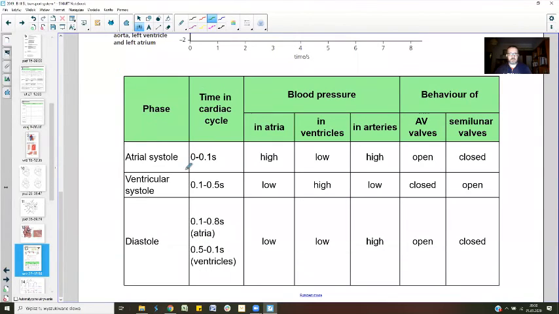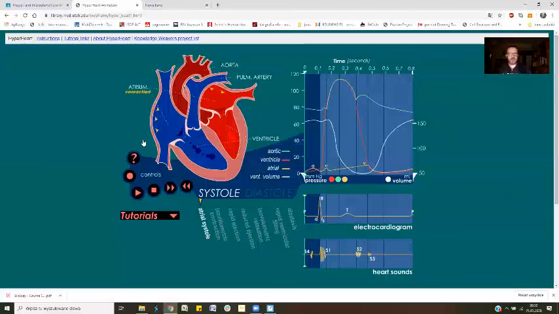This table describes the phases, time in the cardiac cycle, and blood pressure in the particular atrium, ventricle, and artery, and behavior of atrioventricular valves and semilunar valves, for your use as a summary of the events. If you find this animation, it is available in the library of Utah University.